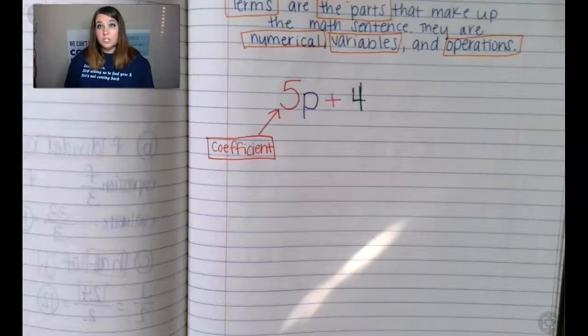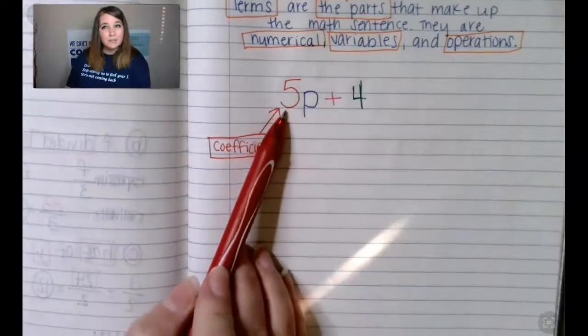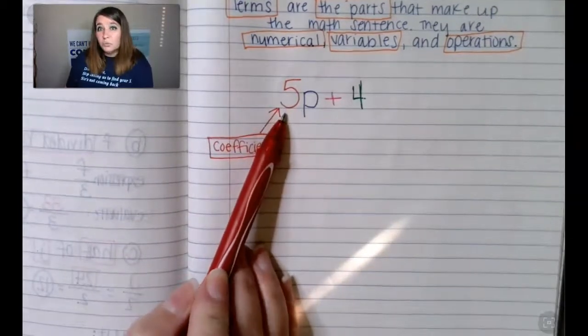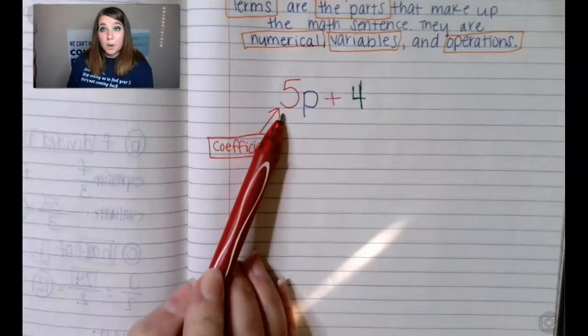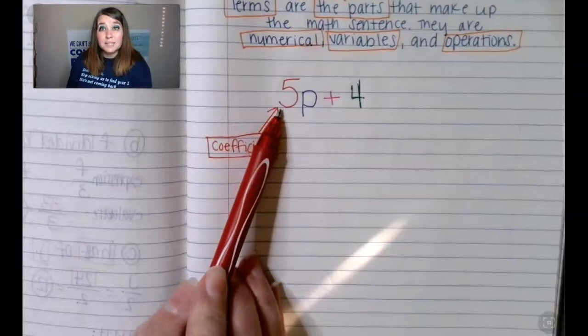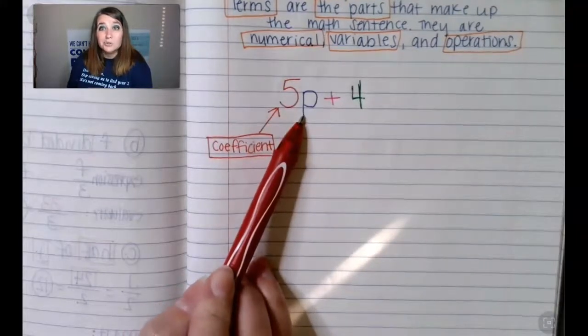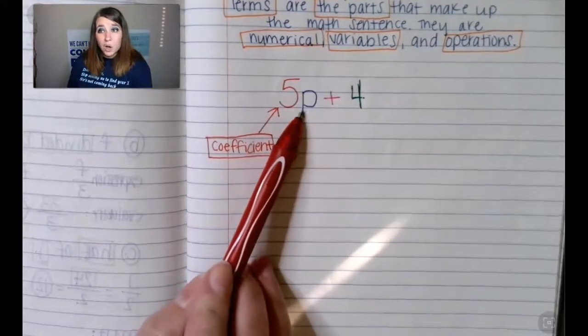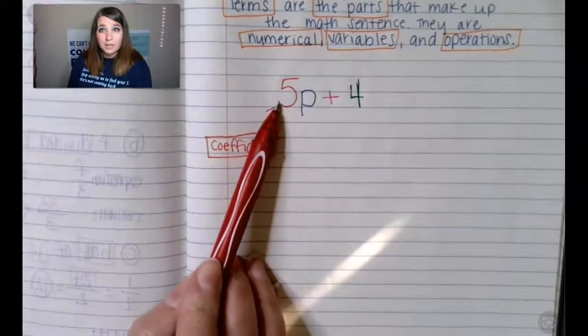The coefficient says that it's a 5. It's not really a 5. It's an imposter. This 5 is going to be something different because it's attached to its coworker, and this coworker is going to tell it what to become.